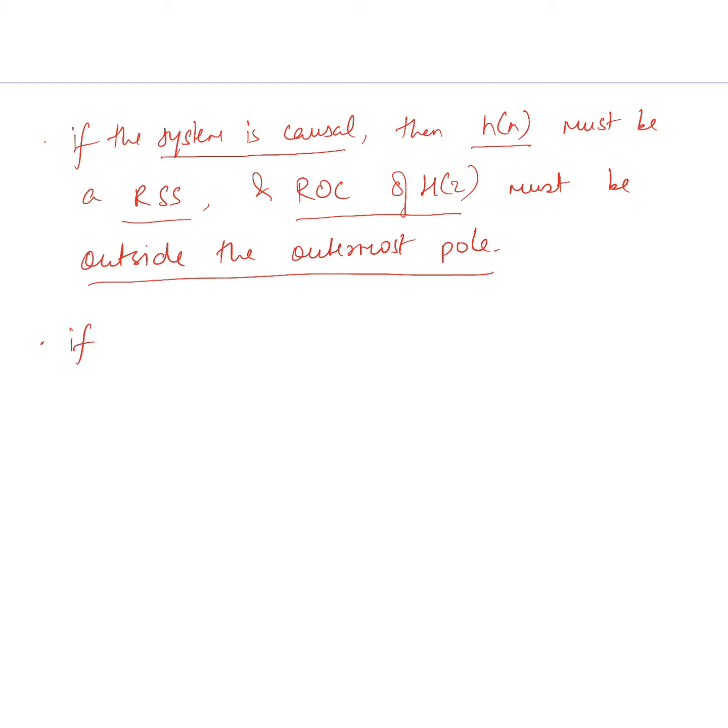Now if the system is stable, then the property we had studied is that the impulse response must be absolutely summable. That is, the sum for n from minus infinity to infinity of the modulus of h[n] should be bounded.